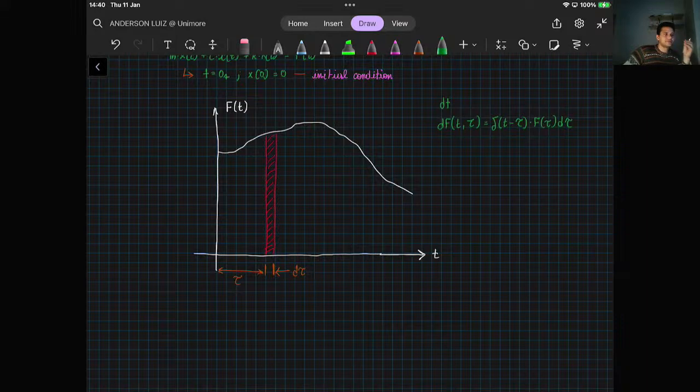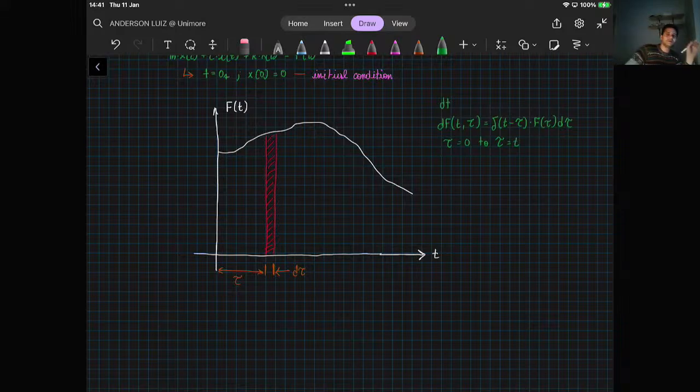The force f(t) can be obtained by integrating df as a function of t and tau, which is equal to delta of t minus tau times the forcing f(tau) d tau, in the interval of tau equal to 0 to tau equal to t.